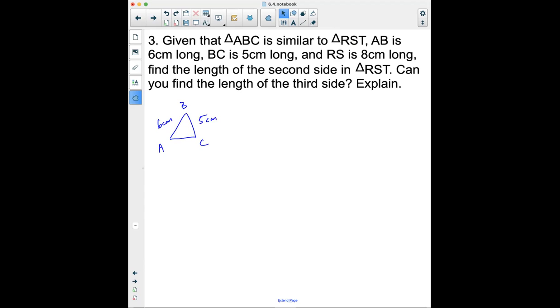And that other triangle, and they're similar. So RST. RS is 8 centimeters long. Can we find the length of the second side? Find the length of the second side in triangle RST.